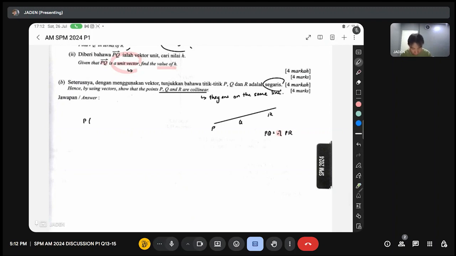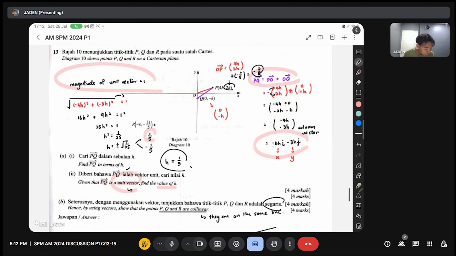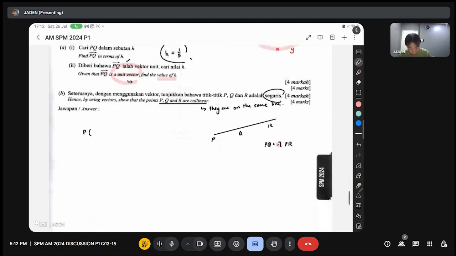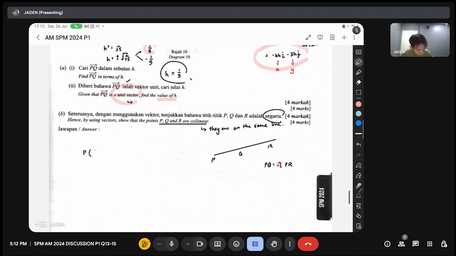PQ is negative 4h i, negative 3h j. Let's write down negative 4h i, negative 3h j equal to lambda PR.